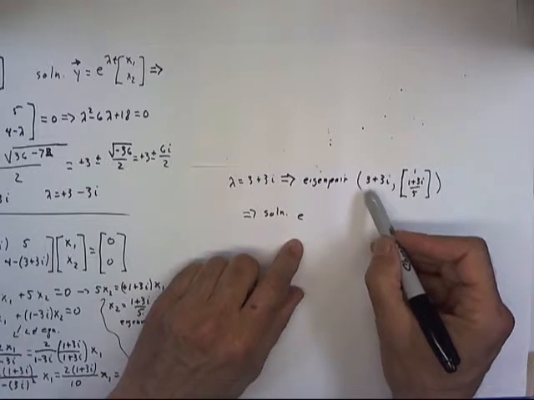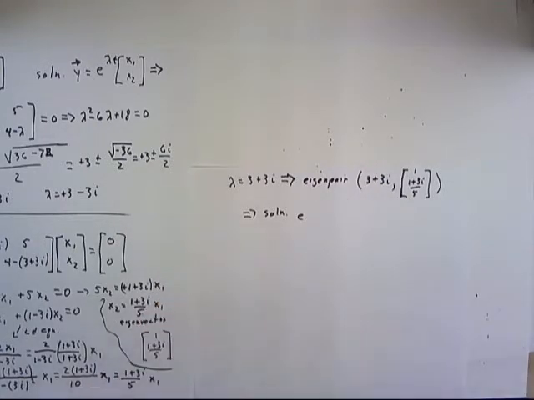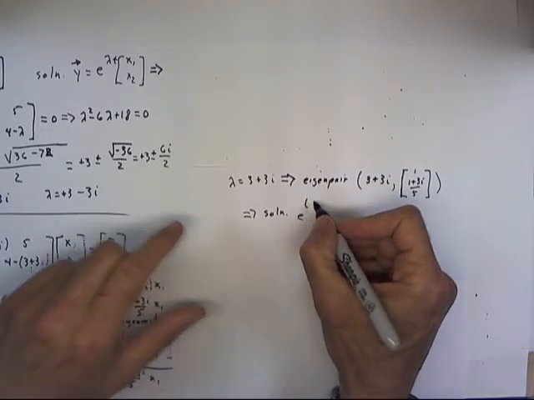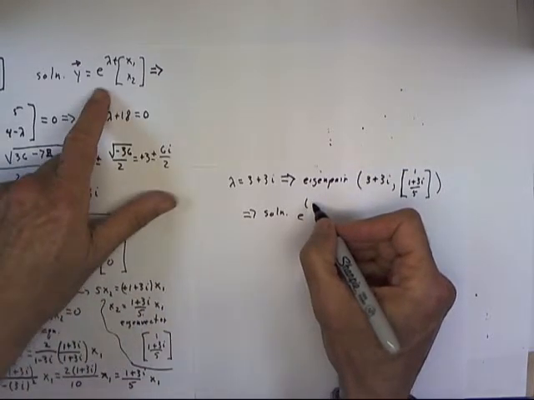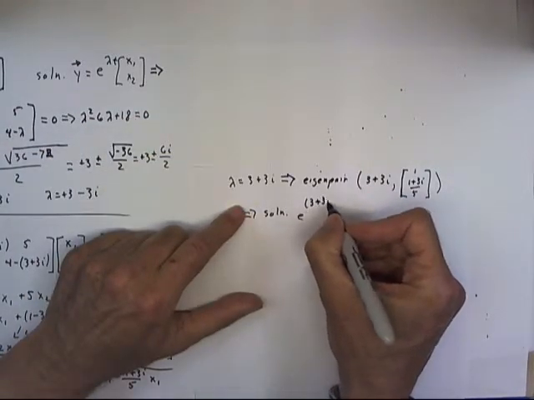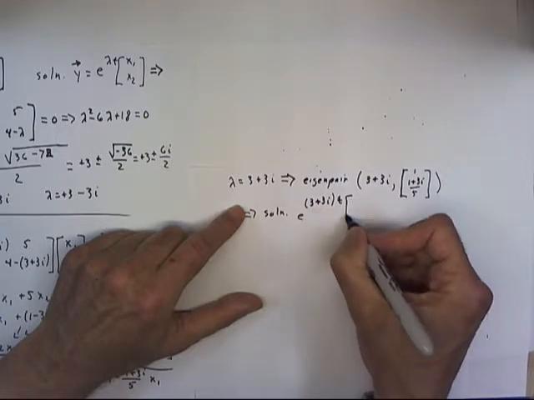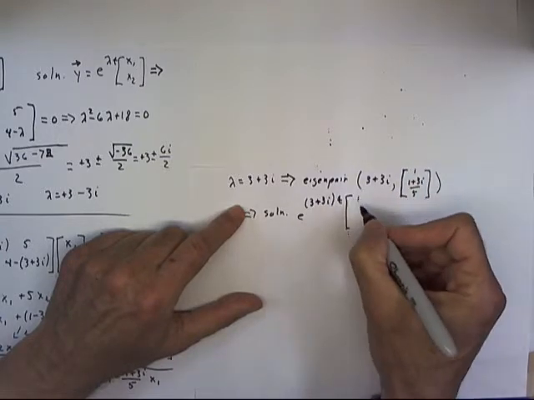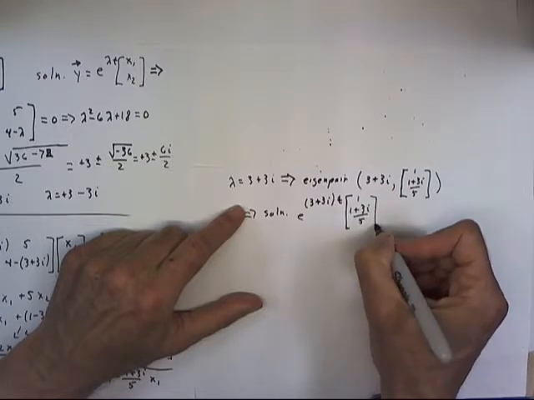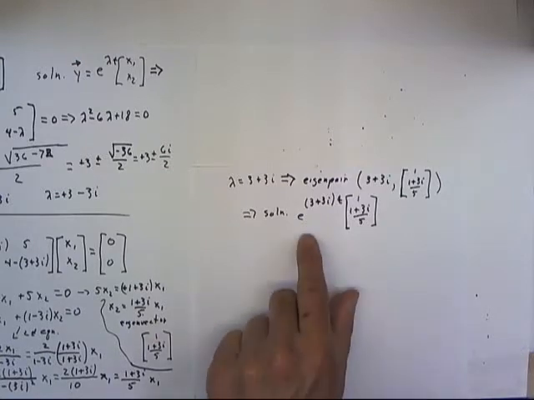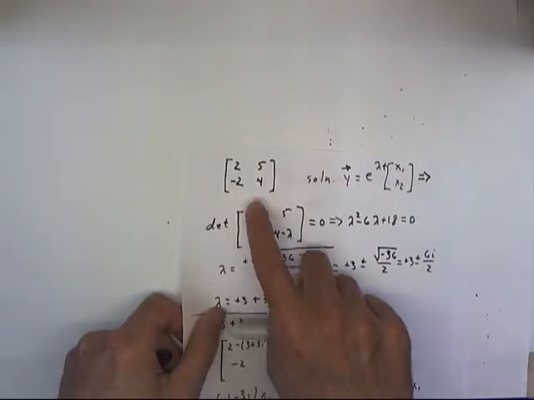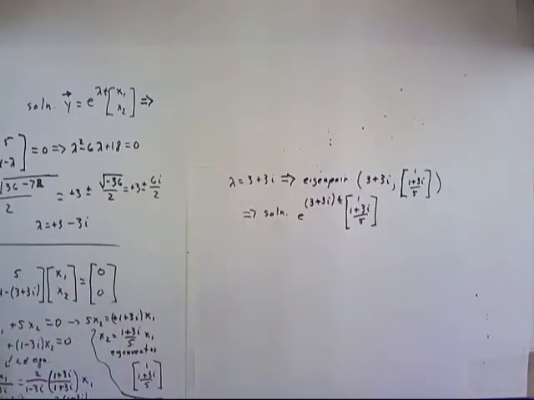You'll notice that my 1 suddenly converted itself into a 3, and you'll understand how that happened. So we get e to the lambda t, our solution being y equals e to the lambda t times x1, x2, e to the 3 plus 3i quantity times t, multiplied by our eigenvector 1, 1 plus 3i over 5. So there's one solution to the original system of equations.